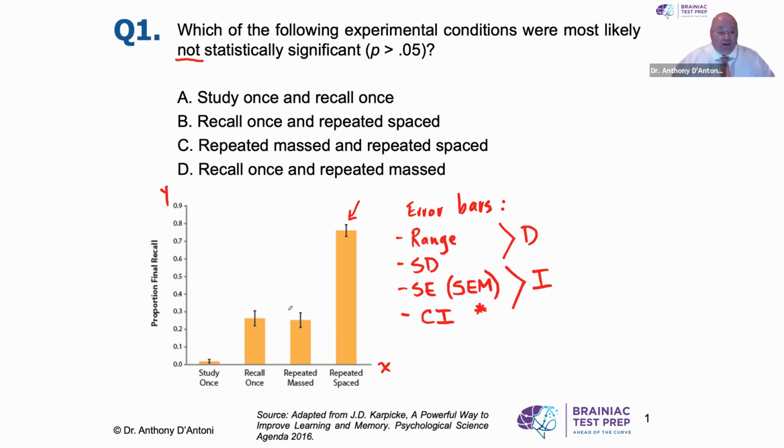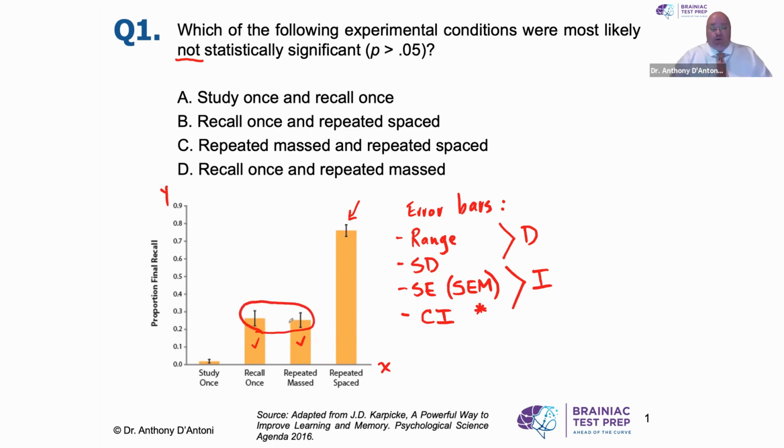When we look at this, it's actually pretty straightforward. When you look at the recall once condition and the repeated massed condition, you'll see that recall once seems to be slightly higher than repeated massed on the final test, but there's great overlap between the confidence intervals.